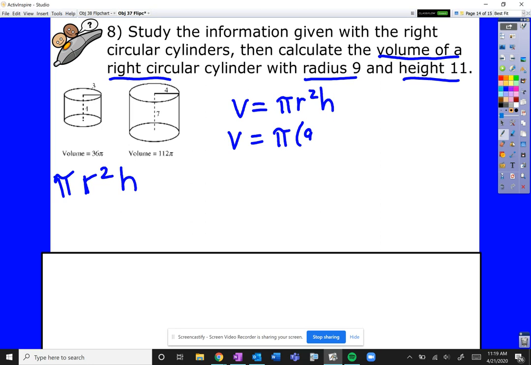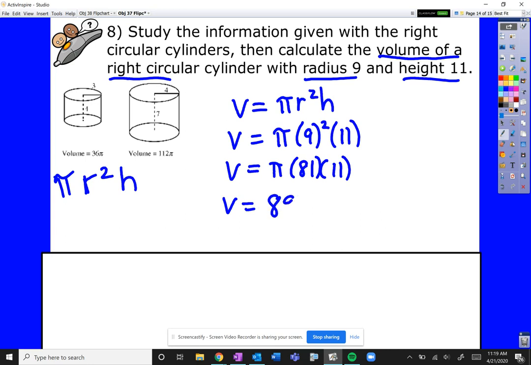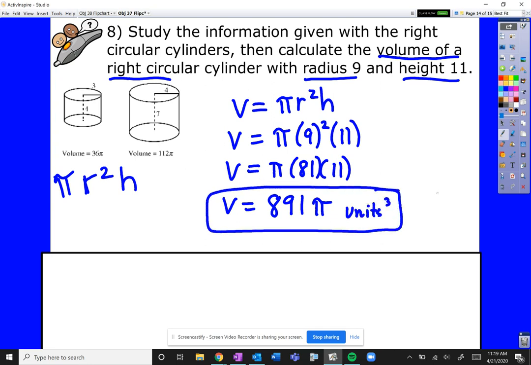Pi, the radius is 9 squared times the height. We know 9 squared is 81 times the height. And we always put variables, letters, symbols like pi, slap them on the end. So 891 pi, because we want to keep it exact. And we don't have units, so it's units cubed.